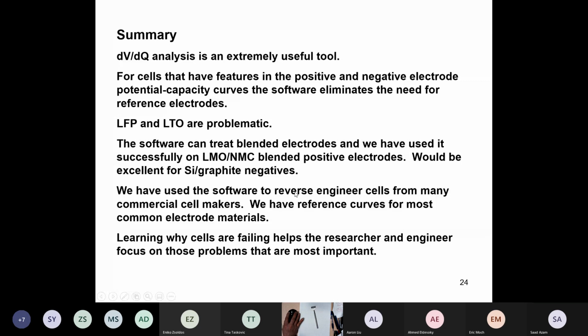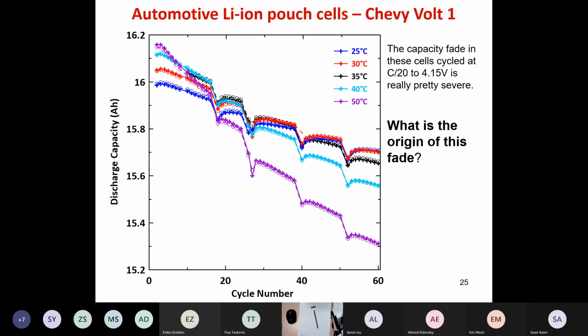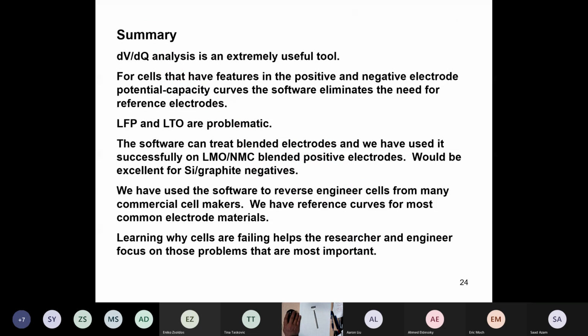And we've used this to reverse engineer cells from quite a few cell makers. For example, LG Chem's first Chevy Volt cell, which is treated down here in the supplementary information that we're not going to do. We reverse engineered that cell using DVDQ analysis, which was kind of useful at the time.